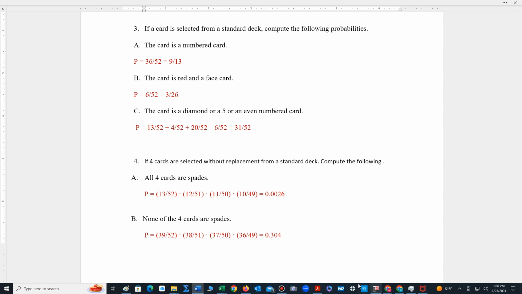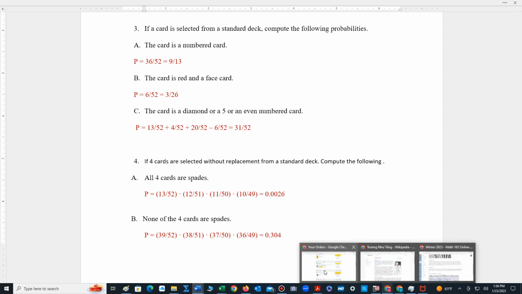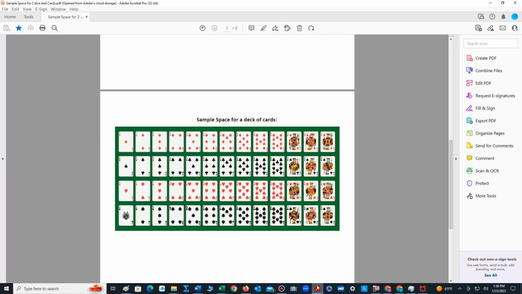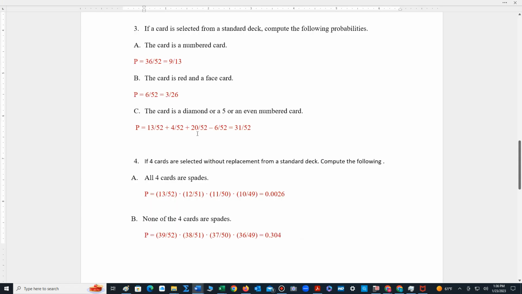The 5, there's 4 5s. And then the even numbered cards, let's count the even numbered cards.